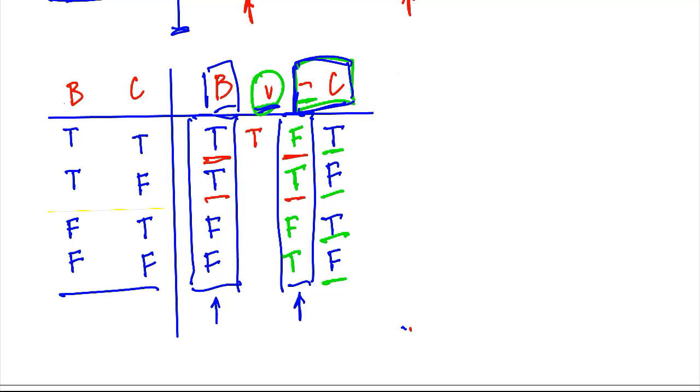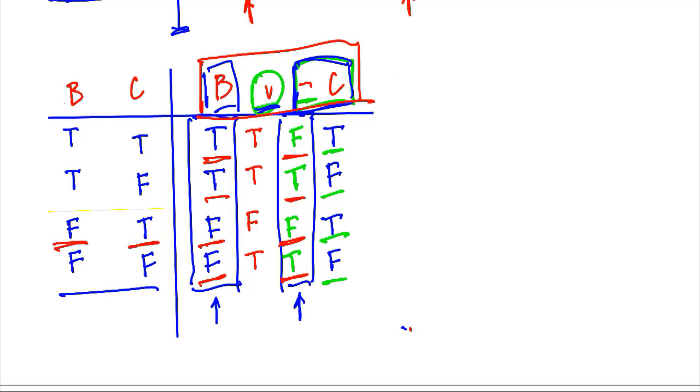If we have true and true, it is true. If we have false and false, then it is false. And if we have false and true, then it is true. Okay, so what we've figured out here is the full sentence, B or not C, is false when B is false and C is true. And in every other scenario, it's true.